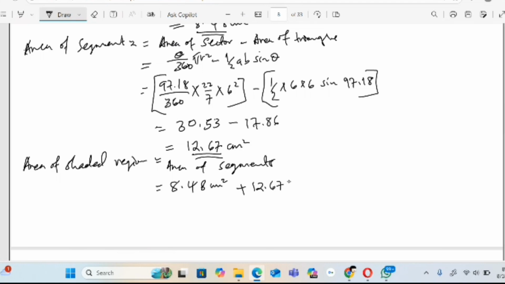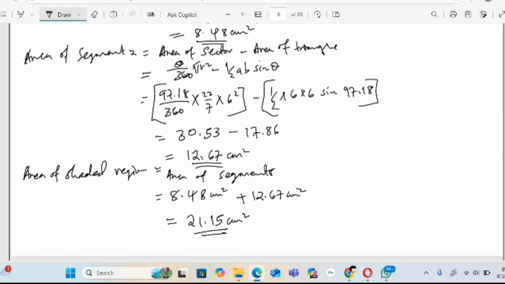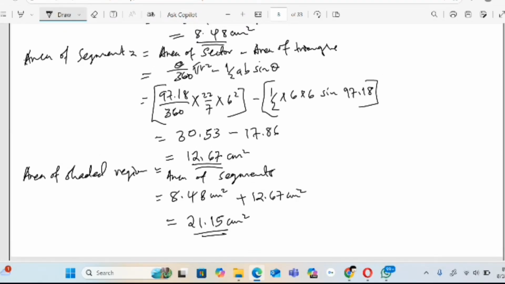So you'll arrive at 21.15 square centimeters. So that is now the area of the shaded region, which becomes 21.15, as you can see.